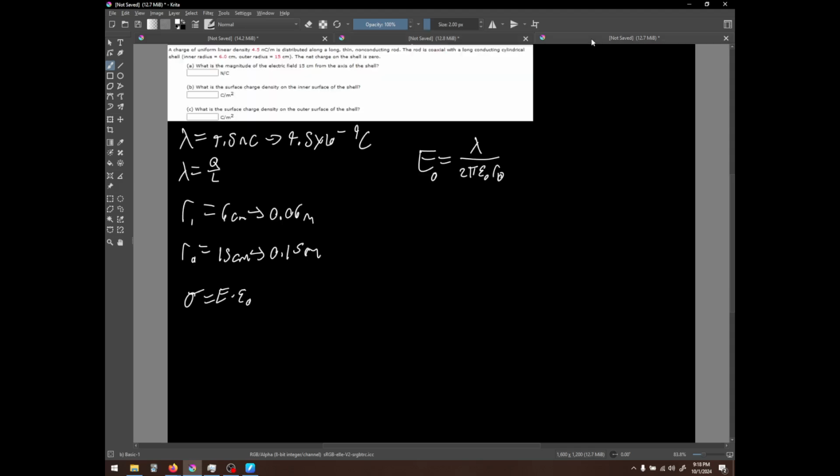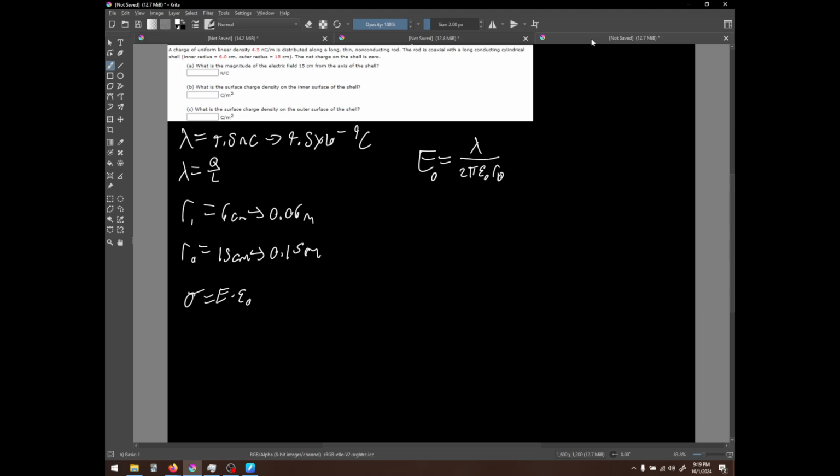So we know E outer, but does it want to know outer and inner? Okay. Now that's 0.06 times 8.85 times 10 to the negative 12.